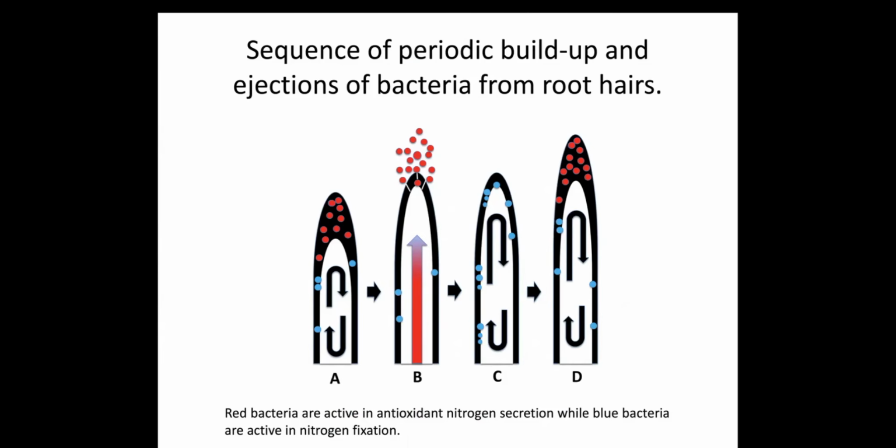The model of how this works is, actually, I'll show you this. Okay, you have the root hair cell itself here, and you see that it's doing what we call cyclosis, or cytoplasmic streaming, and it just moves around and around. That's what I showed you before with the tomato root.